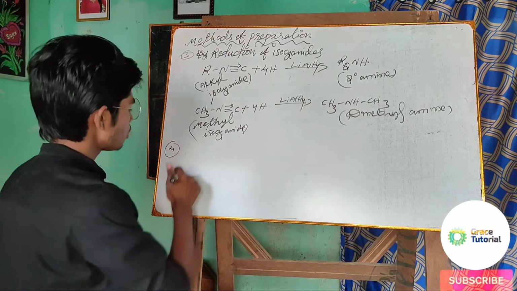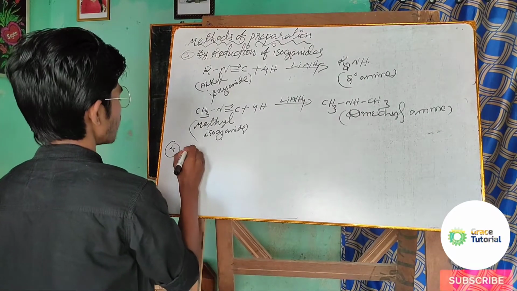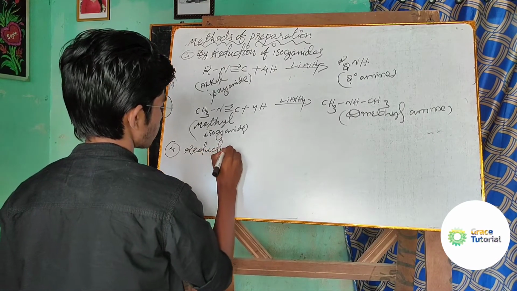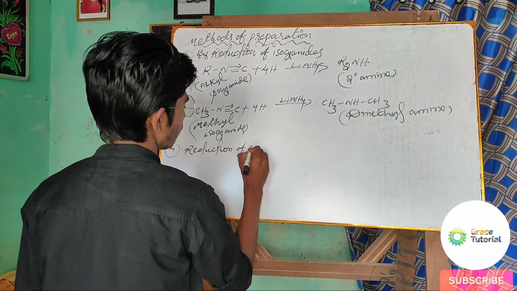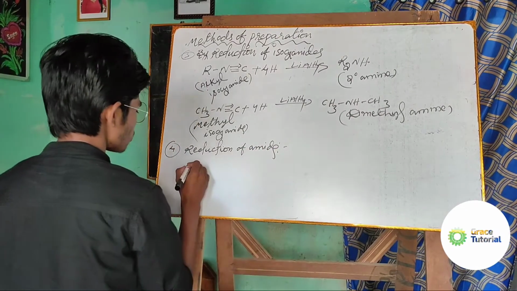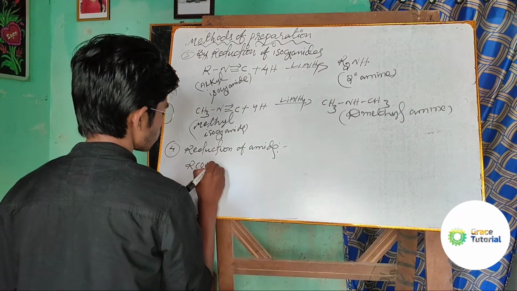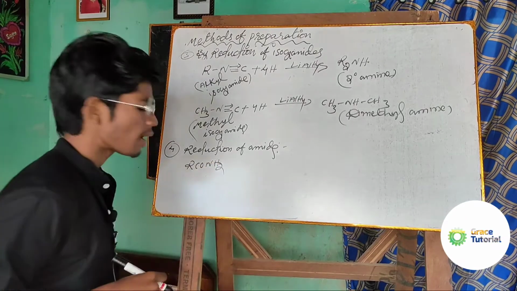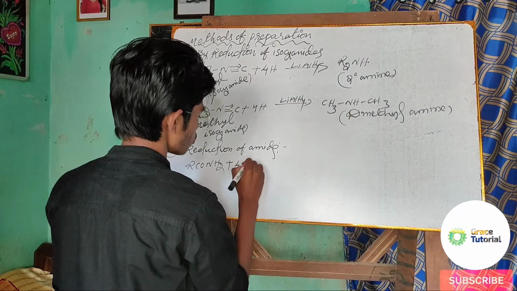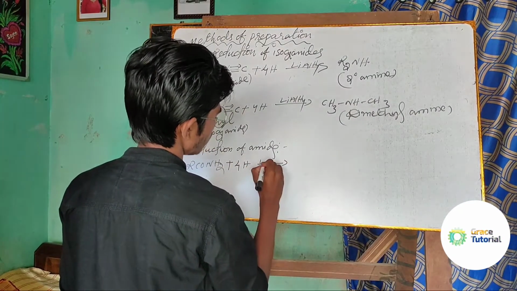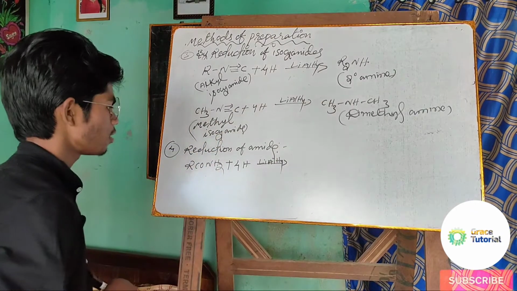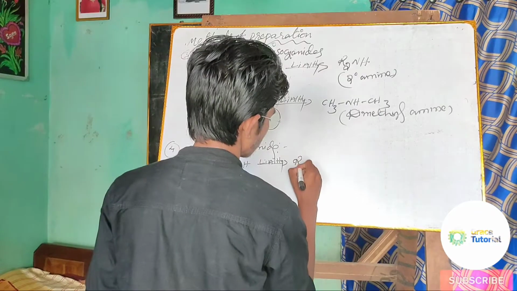Here also reduction, but the reduction of amide. Suppose RCONH2. This is the formula for amide, right? So when this RCONH2 gets reduced in the presence of lithium aluminum hydride, then what happens?